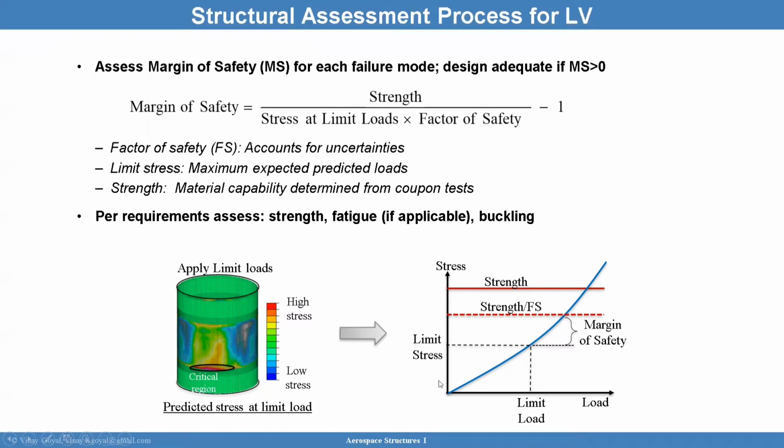And visually, let's look at what's going on. So the stress could be non-linearly behaving against load application. At limit load, you will calculate the limit stress. We talked about that already, but I'm showing you this graphically. The strength of the structure could be over here. So that's your A-basis strength. The strength divided by the factor of safety is this ratio here.